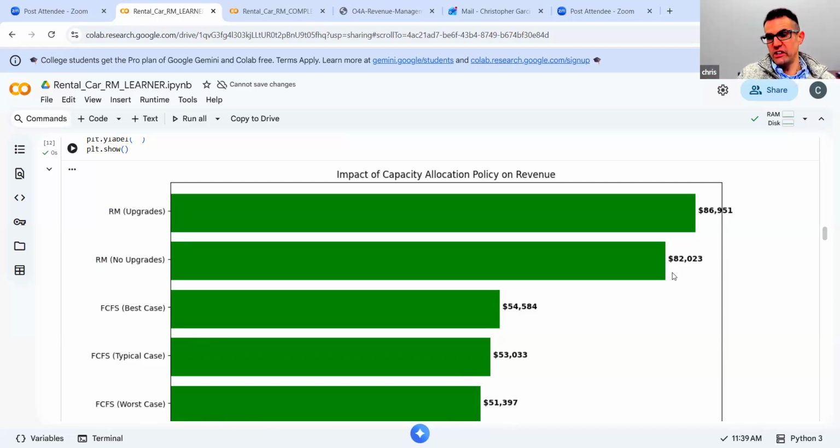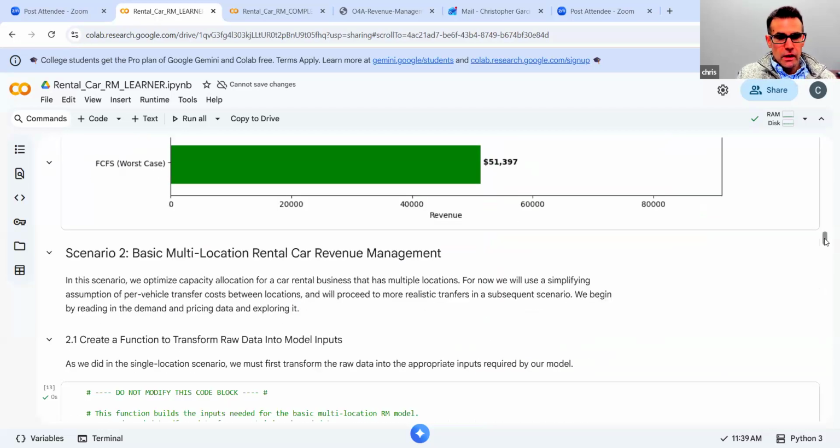The no upgrades gets us to 82,000, and the upgrades gets us to 86,000, almost 87,000 here. So you can see the impact. You can see just why companies want to use revenue management. It really does deliver real value, especially in cases like this where a precise allocation of capacity to demand, a strategic allocation in an intelligent way, can really reap financial rewards here.